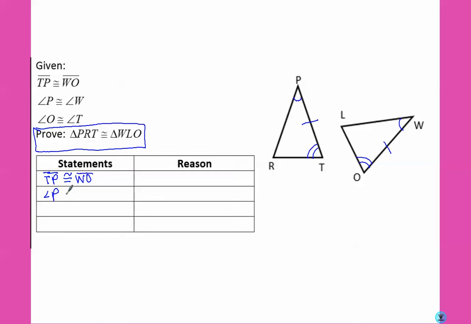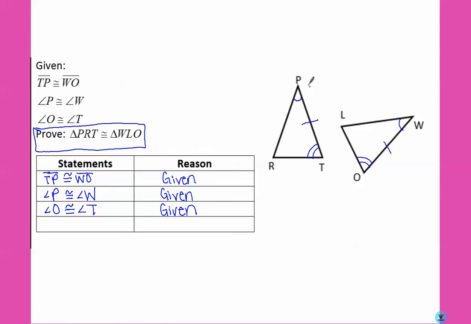Angle P is congruent to angle W. And angle O is congruent to angle T. And the reason we can make all these statements is because they were given. We were told to assume that these things are true.